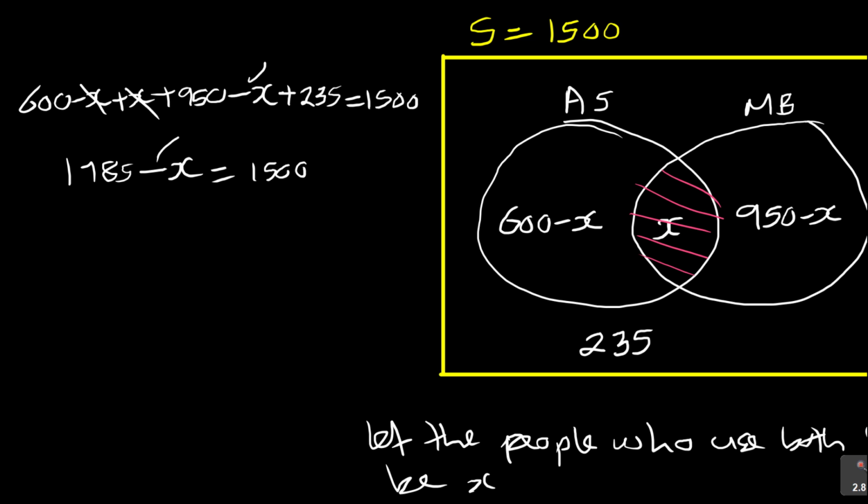So for X, it comes this side: 1785 minus 1500. See, it was positive, now it's negative.